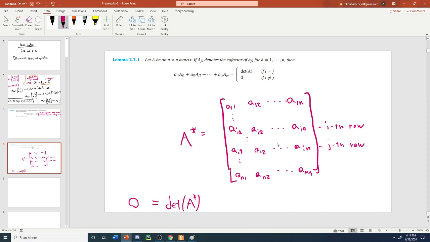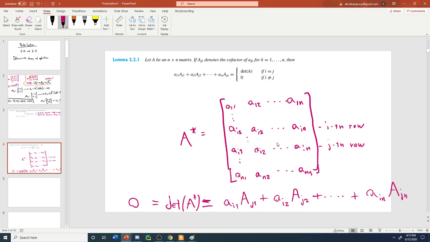And because that's true, we can do a cofactor expansion along a row of our choice. In this case, we're going to do the cofactor expansion along the jth row, in which case we see that this cofactor expansion will be ai1 cofactor j1, plus ai2 cofactor j2, plus and so on, up to ain cofactor jn.